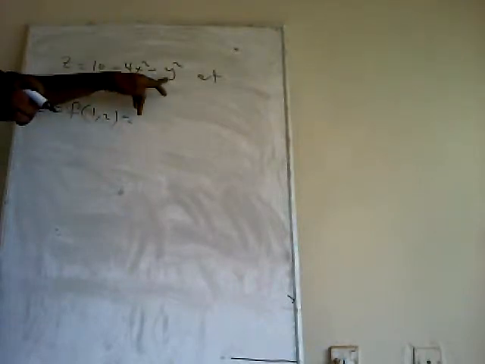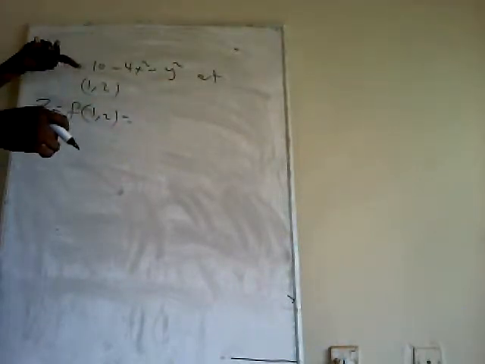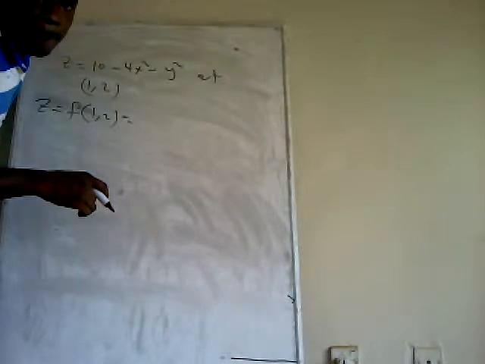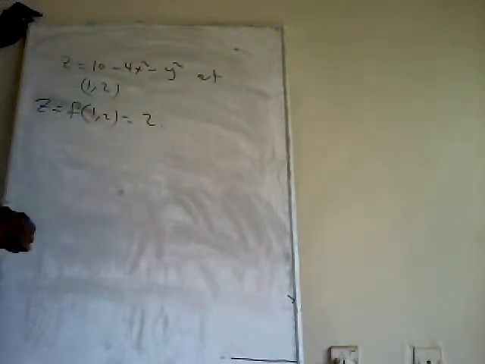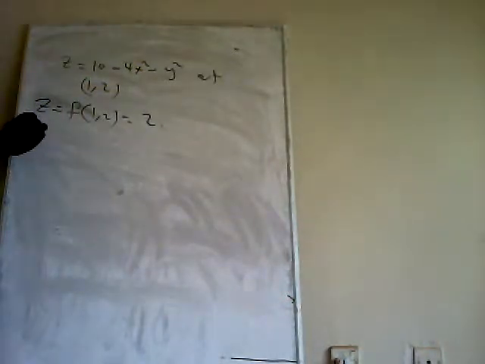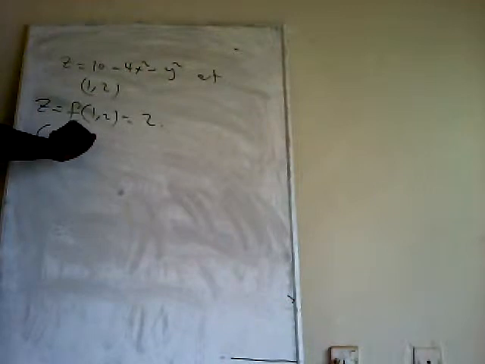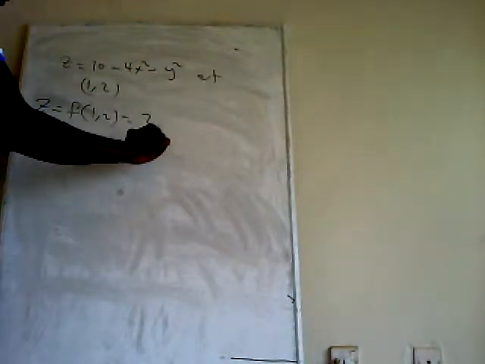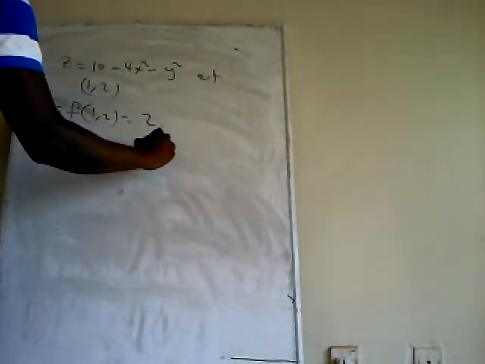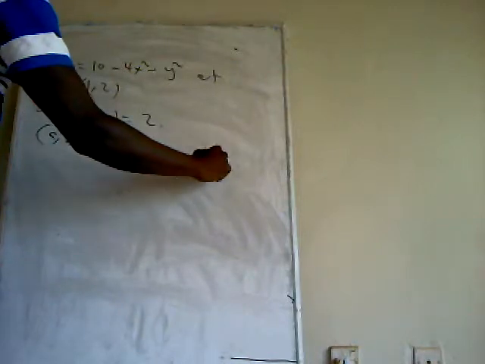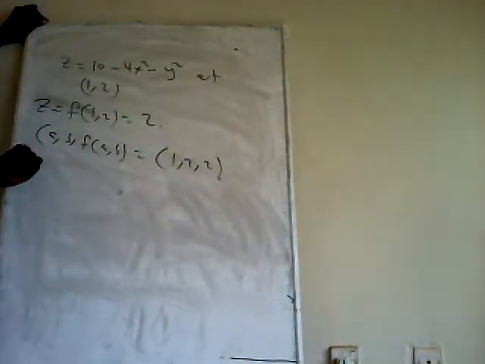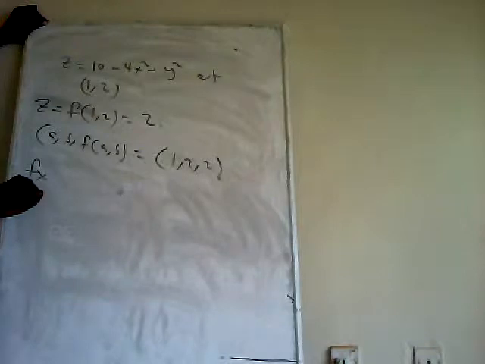When I put 2 here, I get 4. So it's going to be 2. So f of a, b is equal to 1, 2, 2.